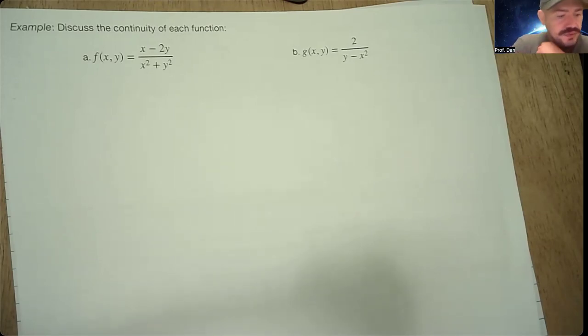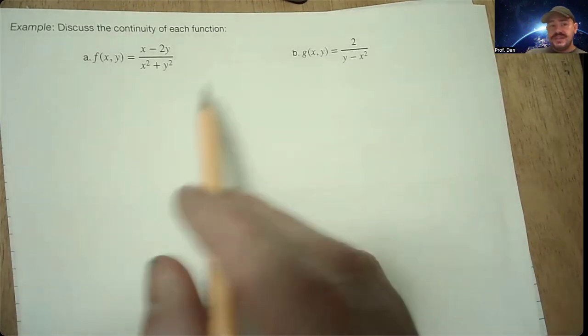The thing is, we typically, as you've seen throughout Cal 1 and Cal 2, are more concerned about continuity on an interval. And this all kind of goes back to what we did with domain, right? Because a lot of functions are continuous on their domains.